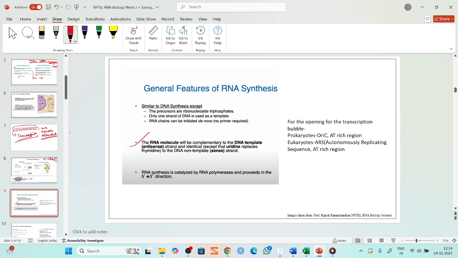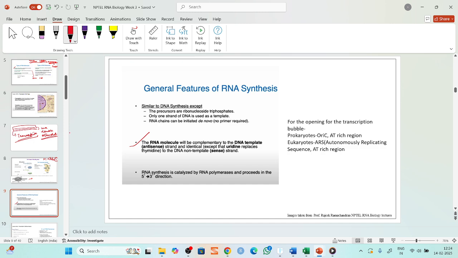Then RNA synthesis is catalyzed by RNA polymerase and proceeds in 5' to 3' direction. DNA synthesis also proceeds in the direction of 5' to 3', and RNA synthesis also goes in the direction of 5' to 3'. Then what is the difference? The difference lies in the enzyme which is used.